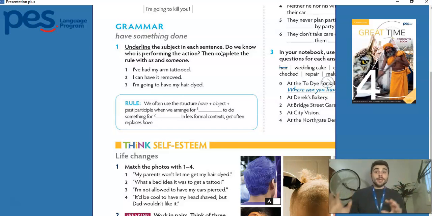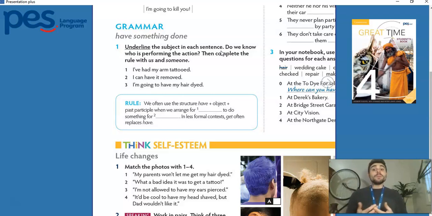So, in the same idea here, I want you now to do the following. We're going to check these 3 sentences we have here, and for each sentence we need to underline the subject of the sentence, okay? And we need to say if we know who is performing the action, okay? So let's check the sentences. Number 1. I've had my arm tattooed. 2. I can have it removed.